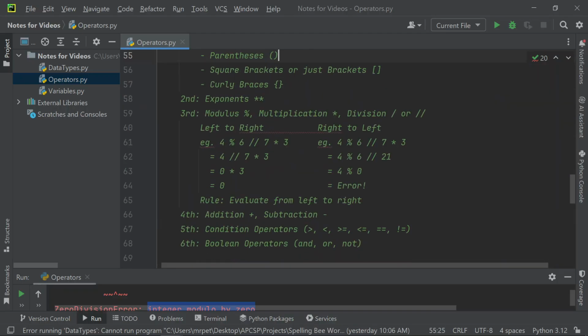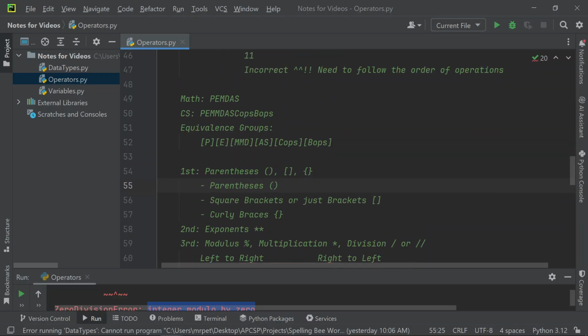Okay, so there's our new order of operations. So this is our new acronym you should remember. It's mostly the same, so it's not too hard. The main thing you have to remember is that modulus now shares precedence with multiplication and division. And now we have two things that we do last.